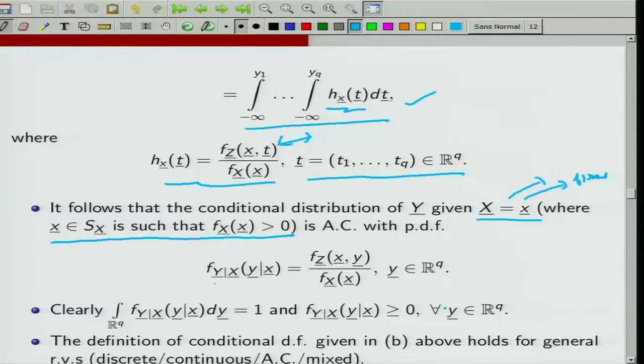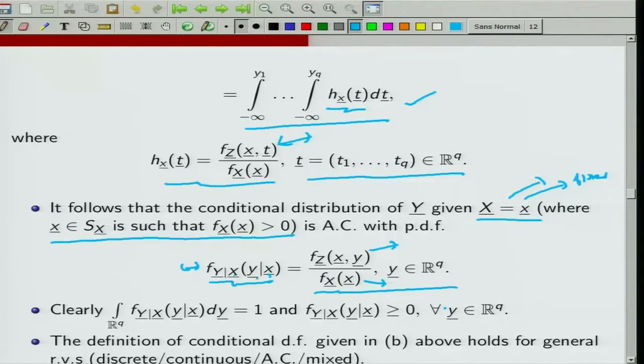And what is the PDF? The PDF of y given x is f z x y divided by f x. This conditional PDF is nothing but the joint PDF divided by the marginal of whatever was given. Given was that x was fixed at small x.